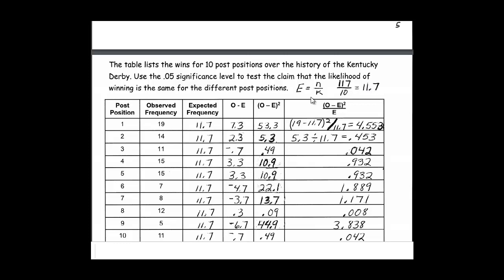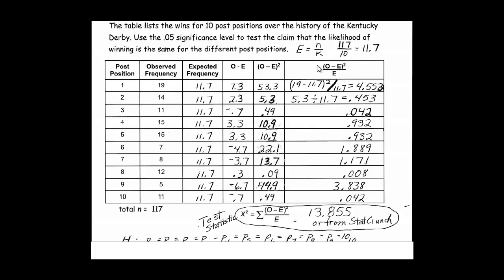Once I've done that, I'm going to follow this chart in executing this formula. For each post, I find the difference between the observed frequency and the expected frequency. This one came out to be a positive 7.3, and I have a variety of differences here. This one was the largest negative difference, negative 6.7, so we've got a range here.